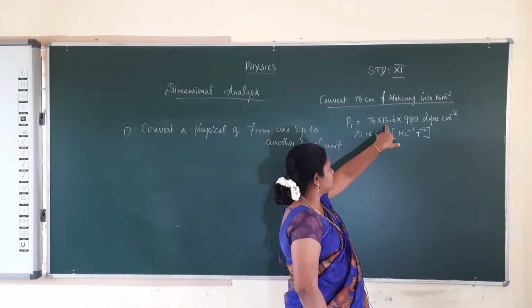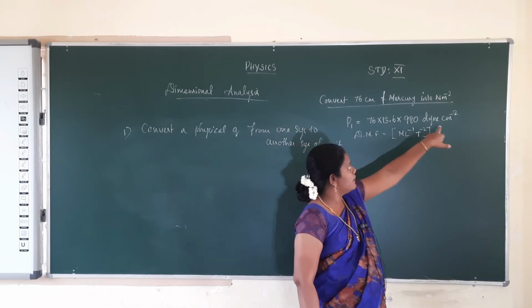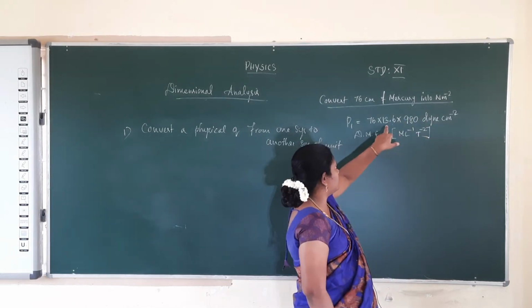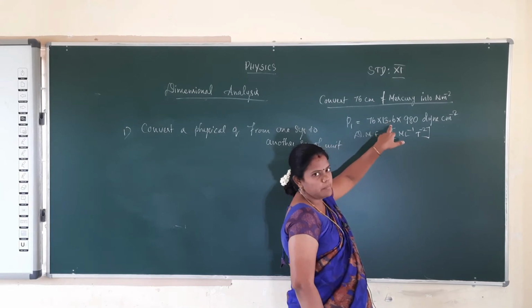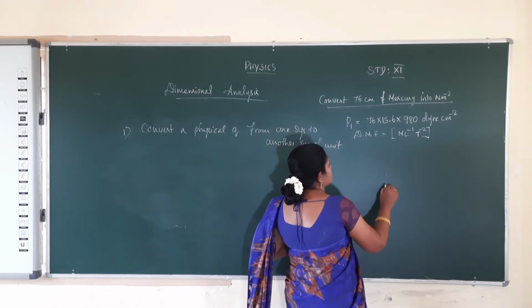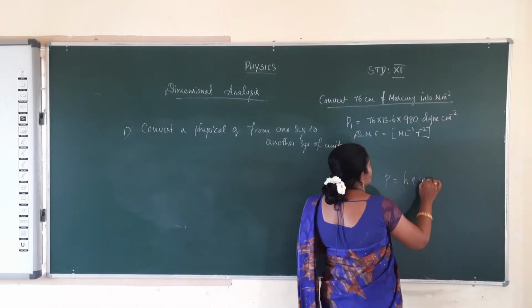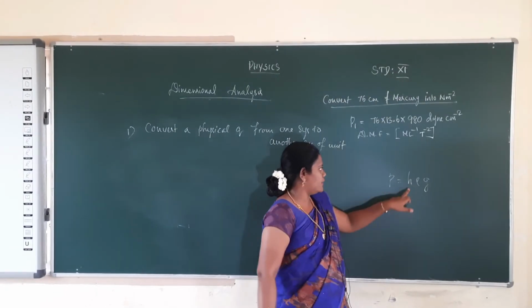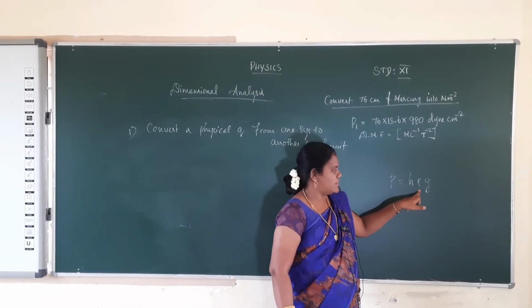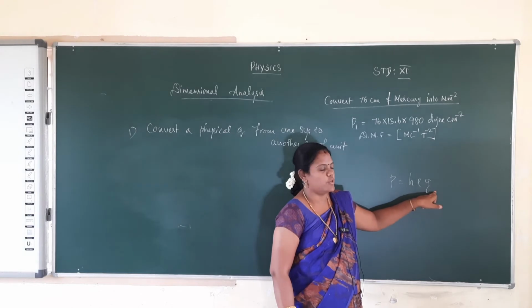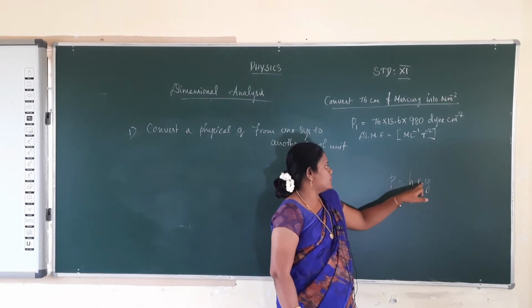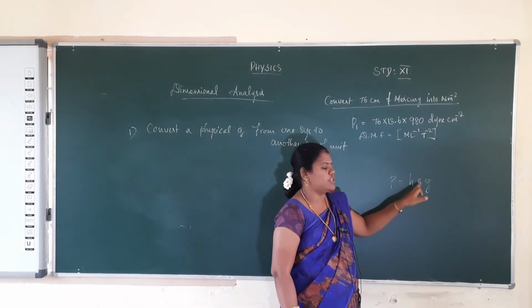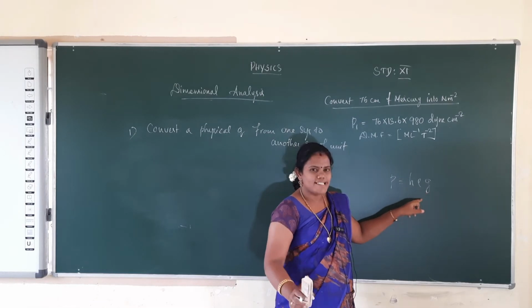Density of mercury is 13.6 gram per centimeter cube, because the pressure formula is P is equal to h rho g. Okay. Height of the liquid, density of the liquid and acceleration due to gravity. So the density and the acceleration due to gravity, you have to mention in the CGS system only.